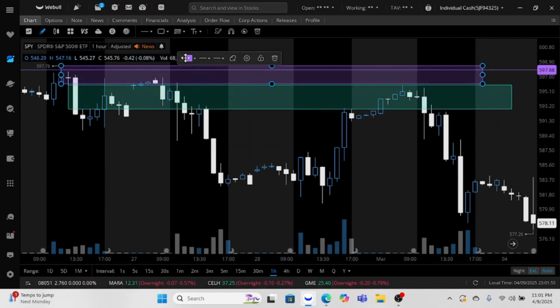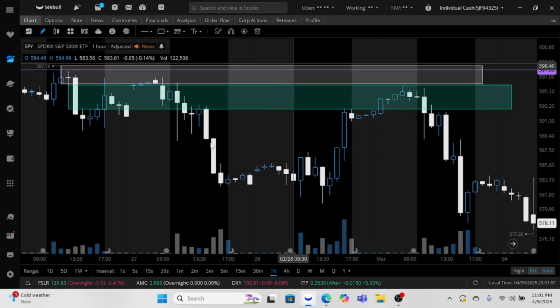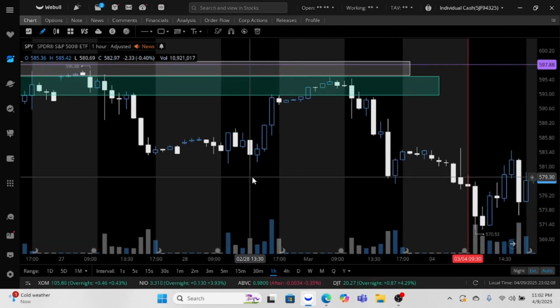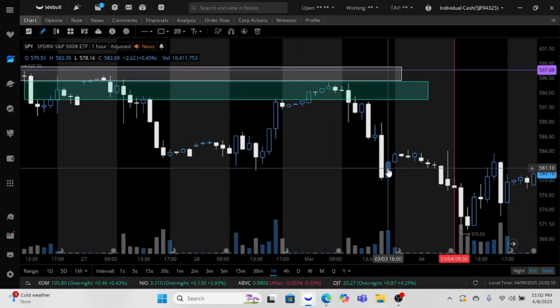So price came back into the order block and fair value gap. And then traded lower, taking out the low right here. Okay.